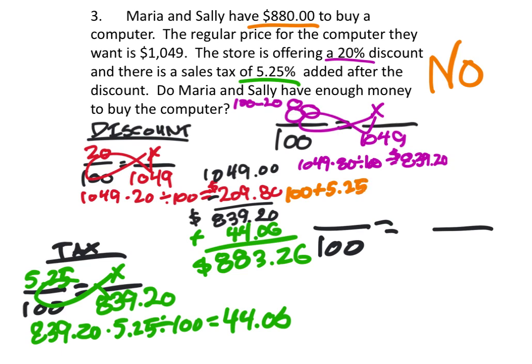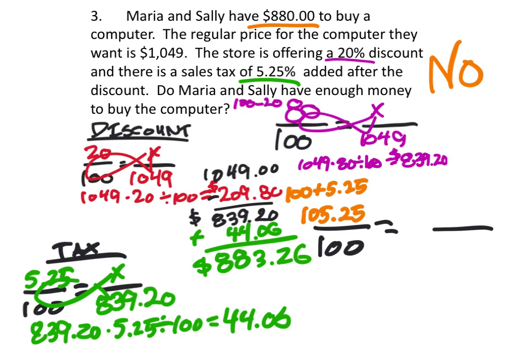So it's 100 plus the 5.25, because you're going to pay 100% of the computer, but then in addition to that, another 5.25%. That results in 105.25% of the total. So the 105.25 that I have in orange there is still a percentage, right?